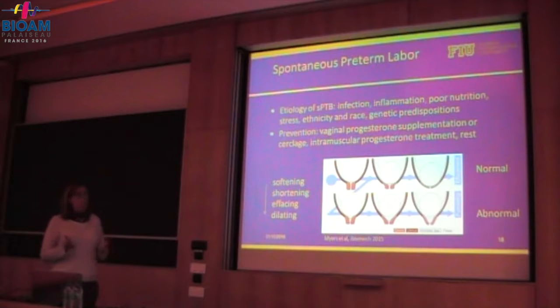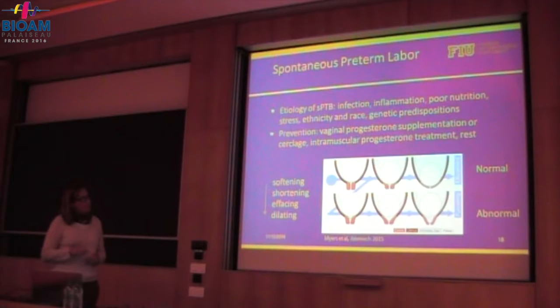In terms of prevention, there is not a great deal that you can do. There is vaginal progesterone and cerclage, and intramuscular progesterone is given as well to women that have a history of preterm labor. So it's been shown to be preventive. Of course, bed rest can help in preventing preterm labor.